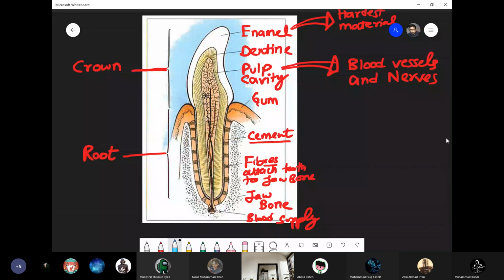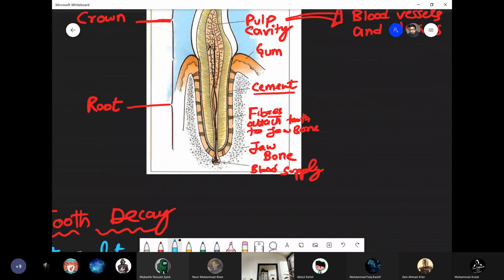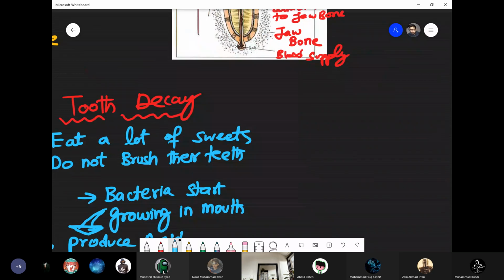If a person tries to chew the food, the person will feel severe pain while chewing the food, right? So this is tooth decay, that it will lead to cavities and damage to the tooth.